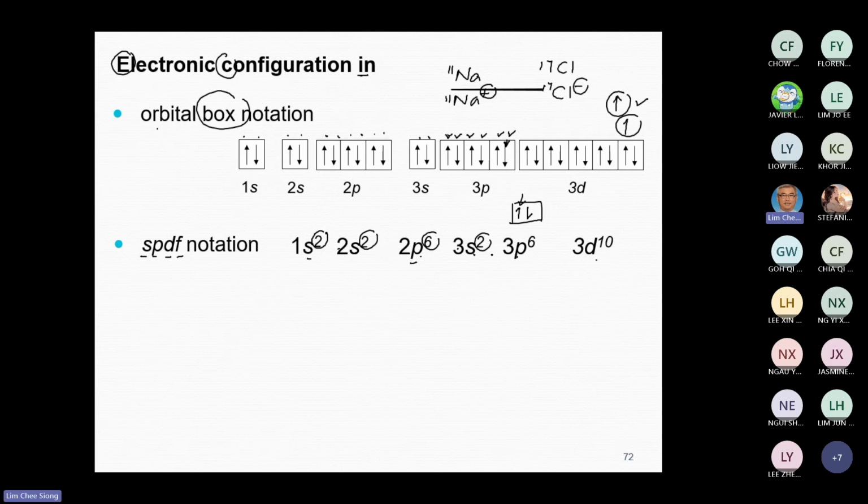You want to ensure it is easy to check for the same principal n, so you can total up the numbers 2 plus 5, which equals 7. We know that chlorine is from group 7 or group 17, so this can be a check. Get it? Okay, so this is a simple way. Please follow the instruction, either the orbital box or the SPDF notation.